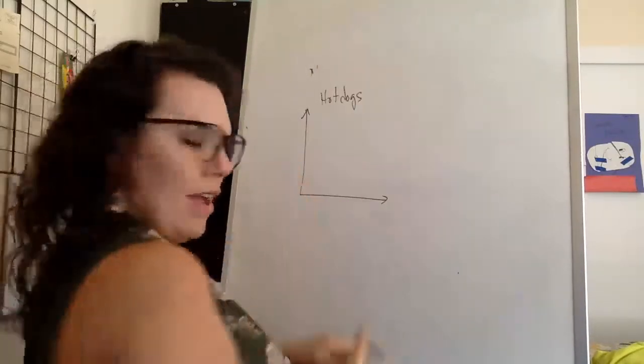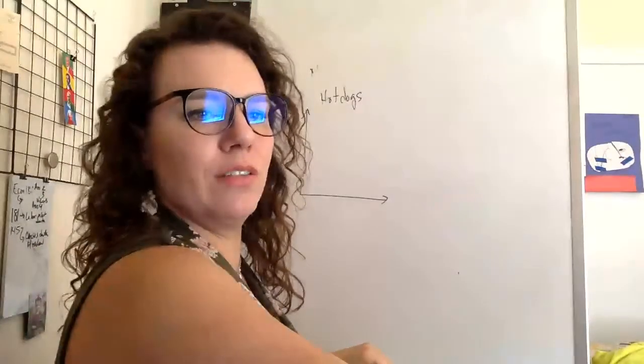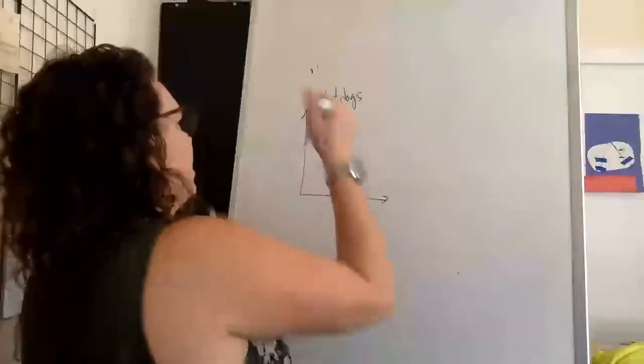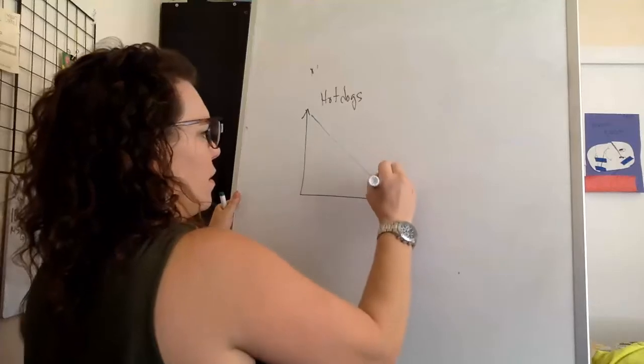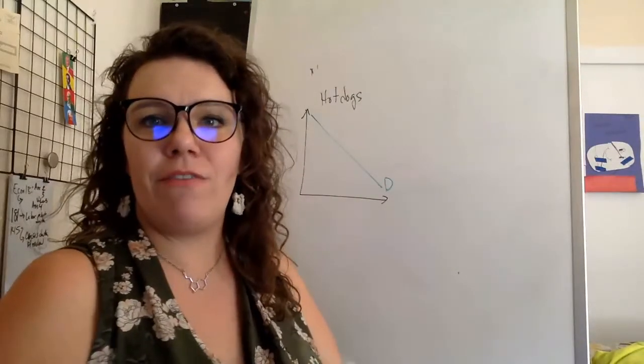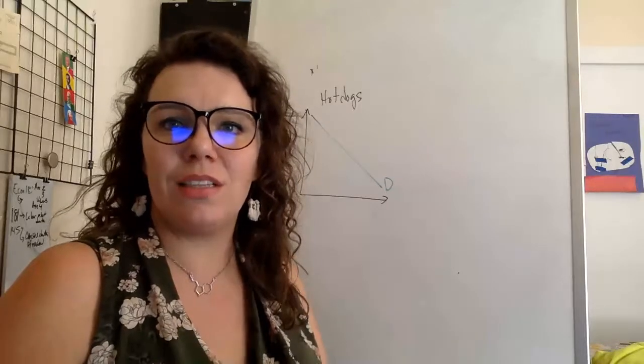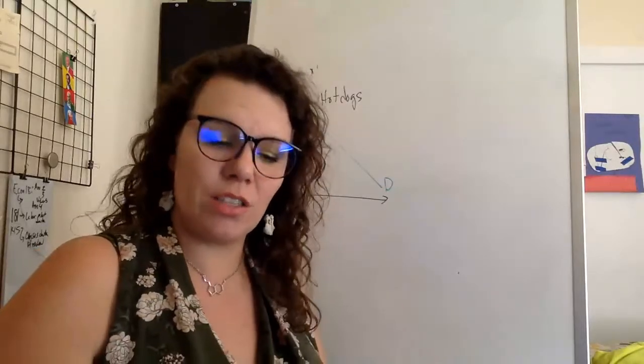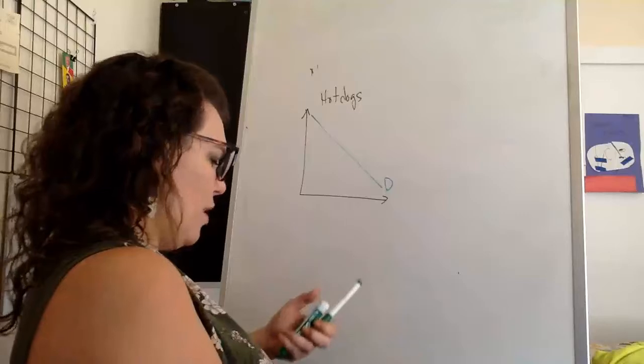And we have our demand for hot dogs here. And we said, what is the effect of an increase in the price of hot dogs on the market for hot dogs? So what would that look like?